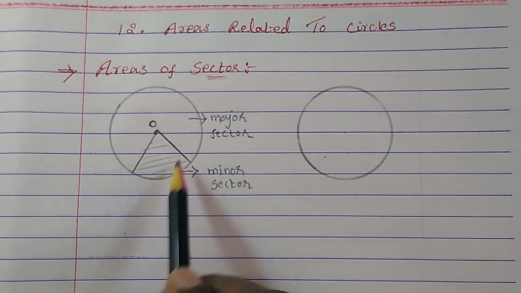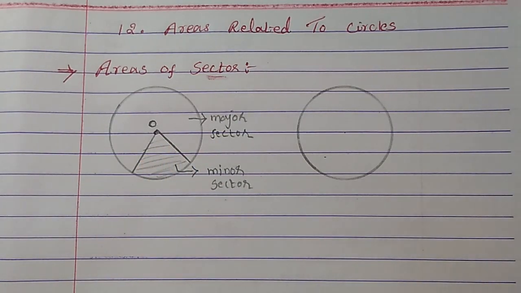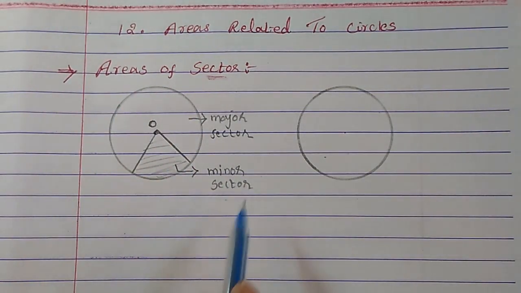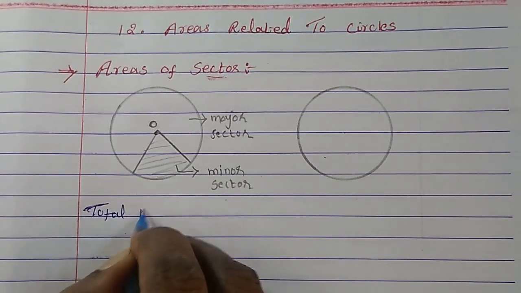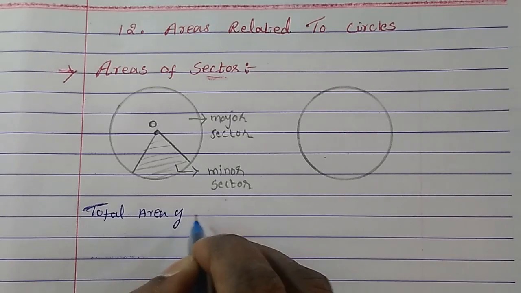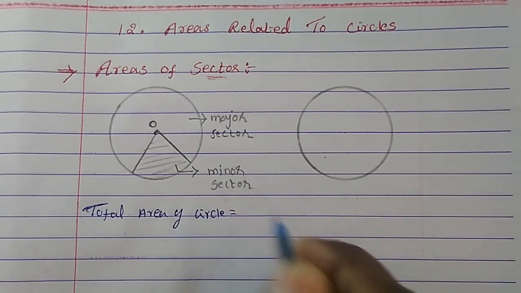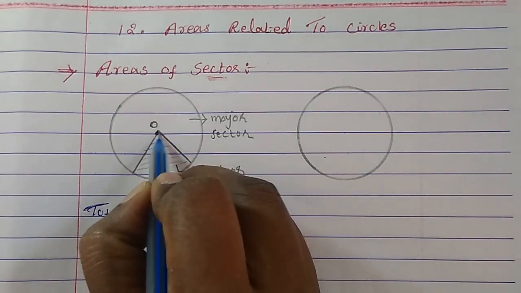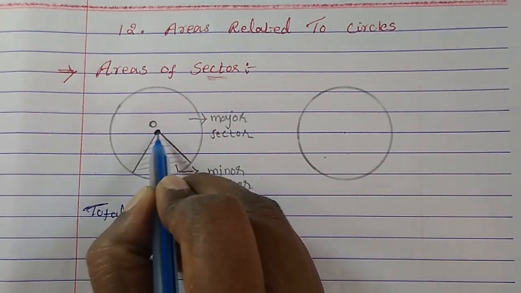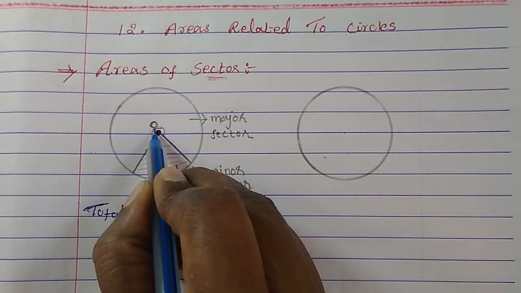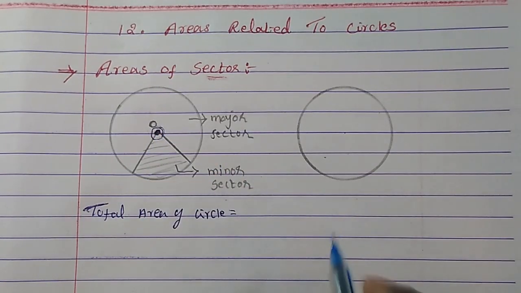So how to find out the area of sector? So we know the total area of the circle. How do we find it out? So this is the center of the circle. So whole thing is, what is the angle? The total angle will be 360 degree.